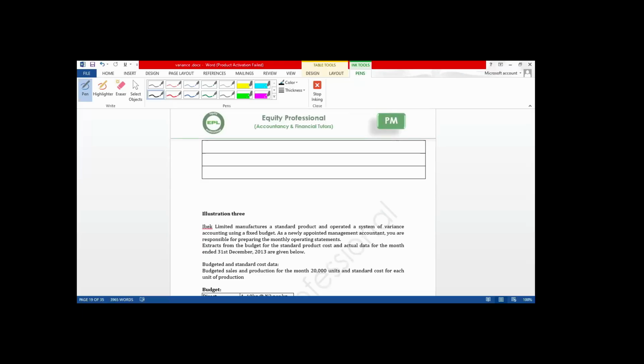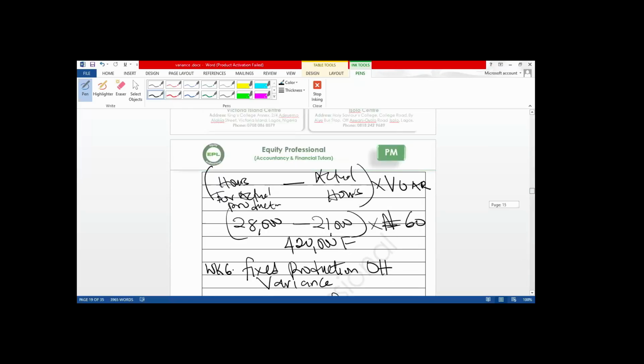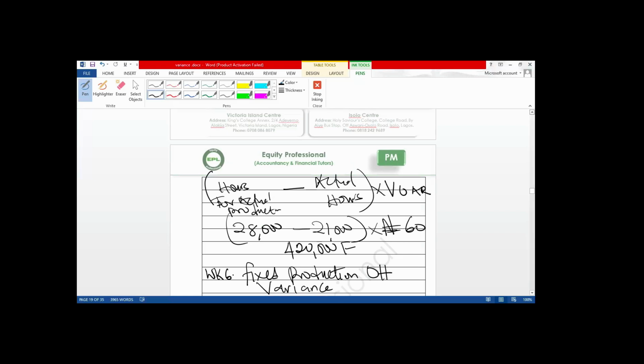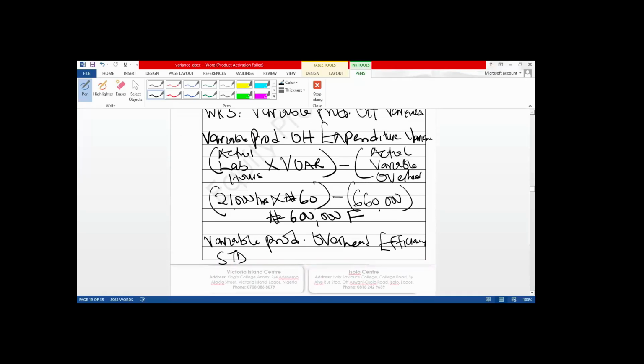The formula I understood before was standard rate minus actual rate, times actual hours.